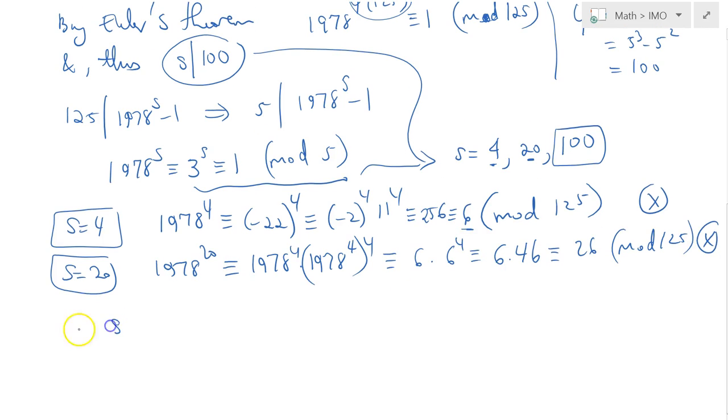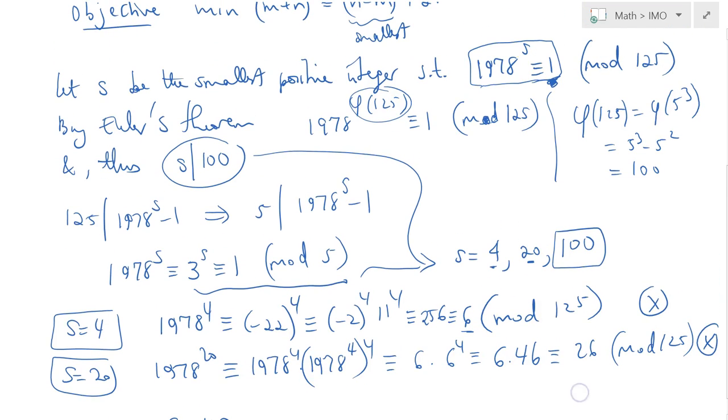Remember, s is equal to 100, since s is the smallest possible integer with 1978 to the power s equal to 1 in mod 125.